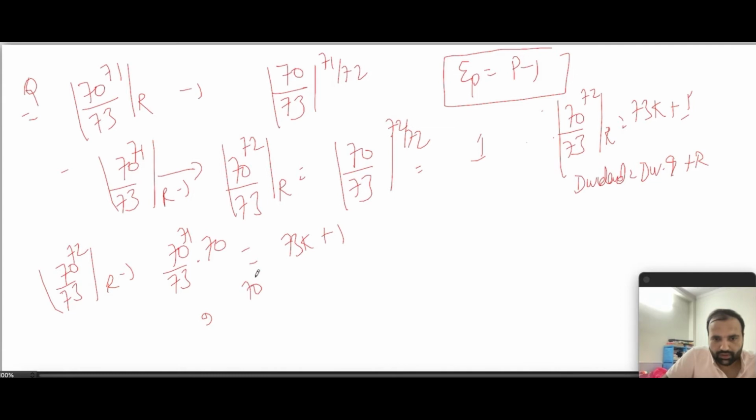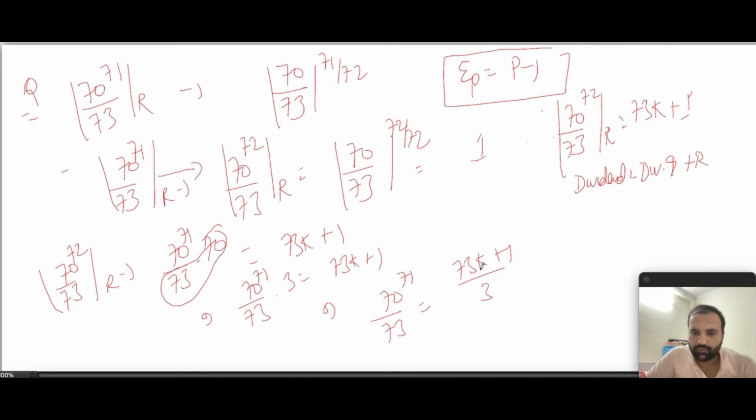Okay, so 70, 71 by 7. Now again, this part we are going to take the remainder. So it would be 70, it will be 3 equal to 73k plus 1. It implies 70, 71 by 73 equals 73k plus 1 by 3.